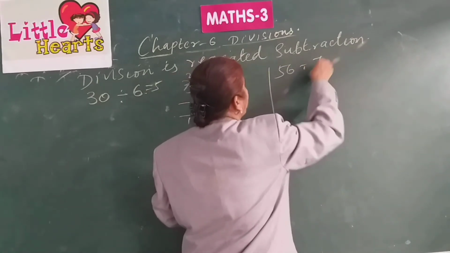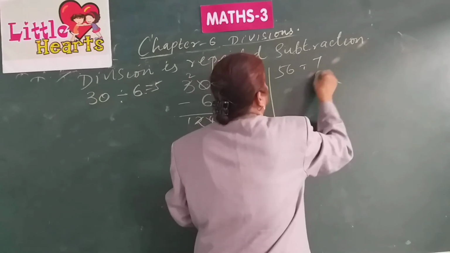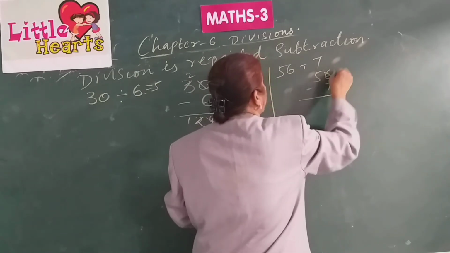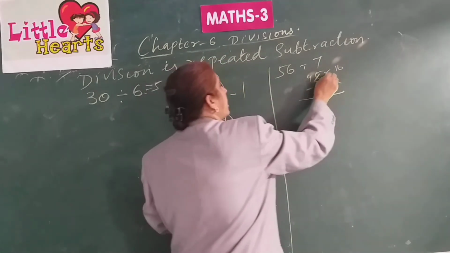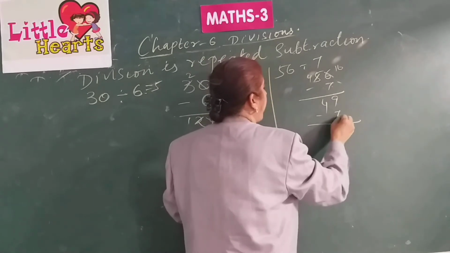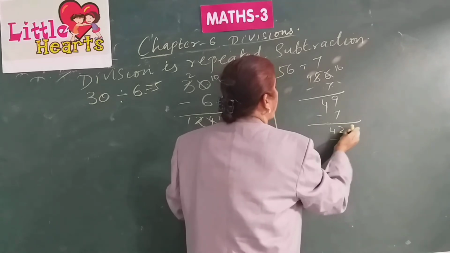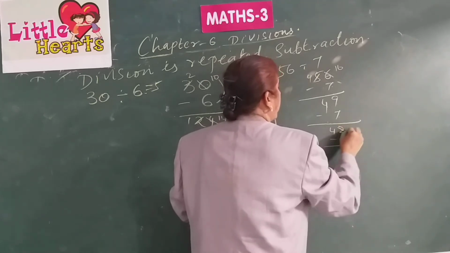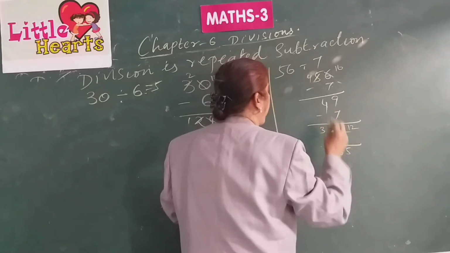56 divided by 7. 56 minus 7 is 49. Again subtract 7: 42. Again subtract 7: 35.